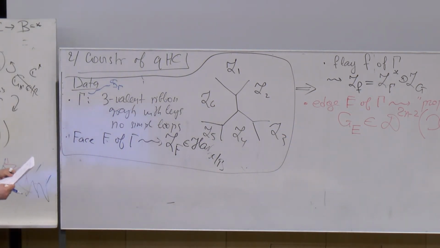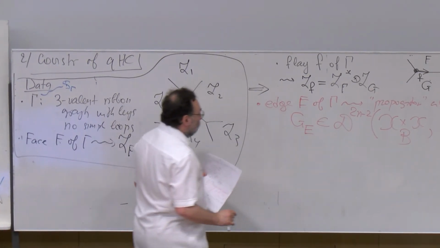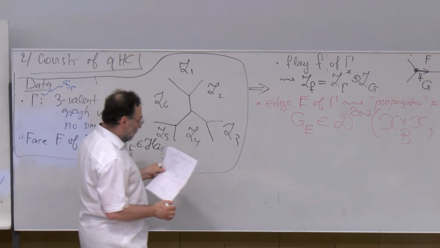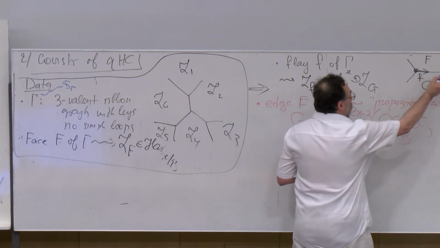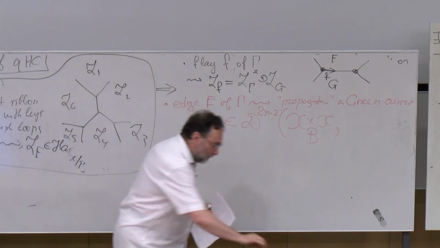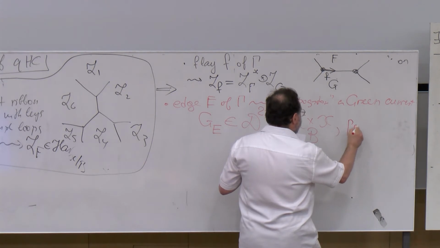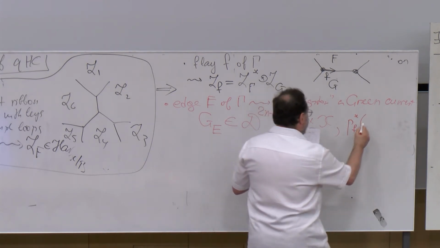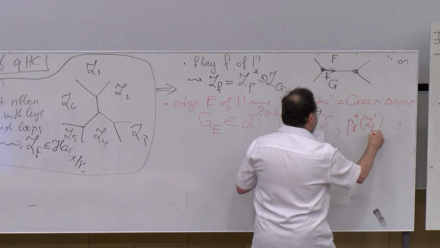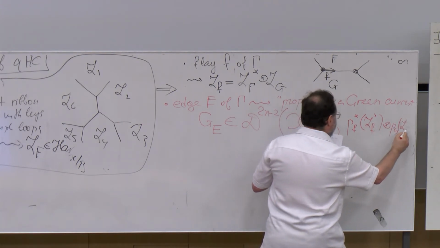Okay? Now, the main point is that I need to construct some Green current, which is something which lives on X cross X. And these two copies of X are assigned to these vertices. It's a technicality, so it lives in the tensor product of two local systems, this L_F star tensor L_G.